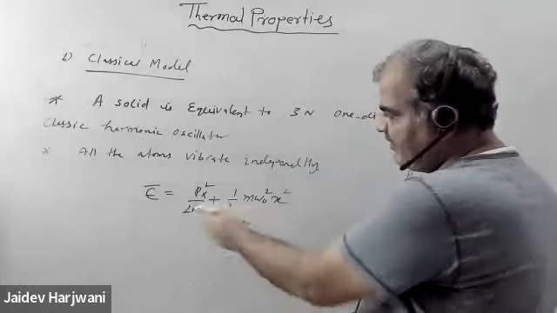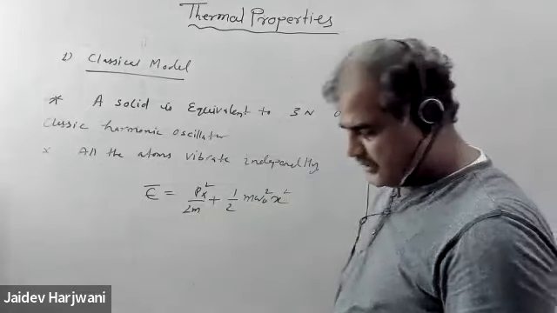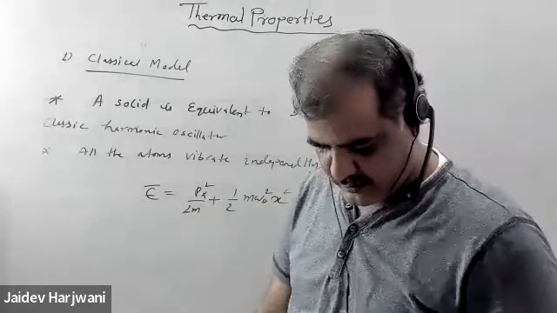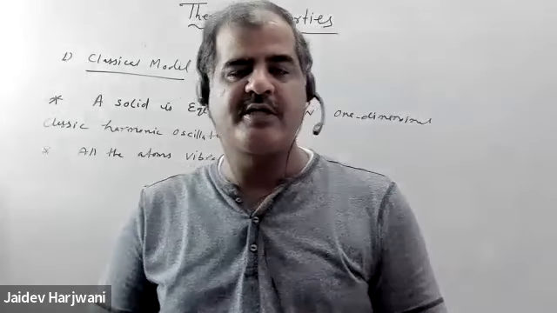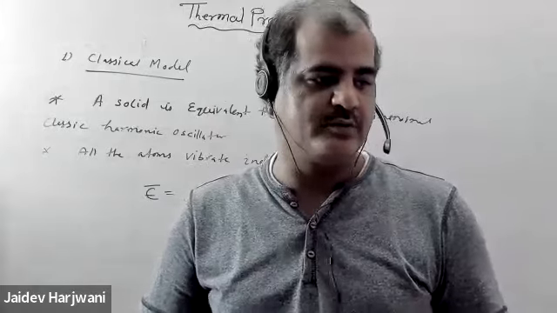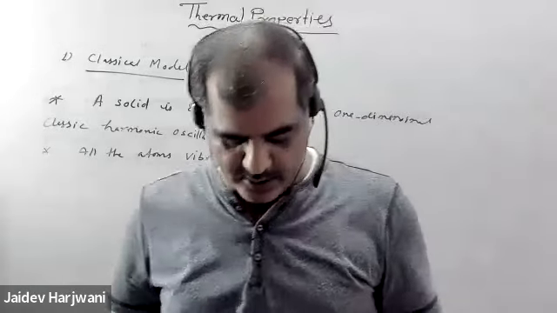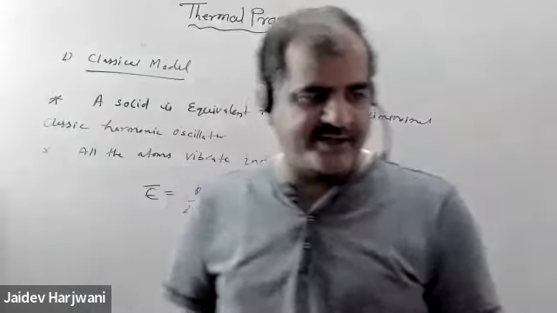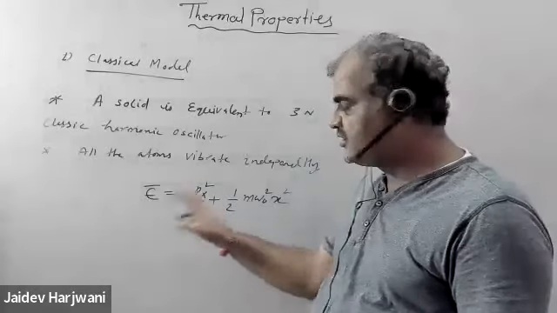So how many degrees of freedom are there in a harmonic oscillator? So 2. There are two quadratic terms, two square terms in the energy expression.